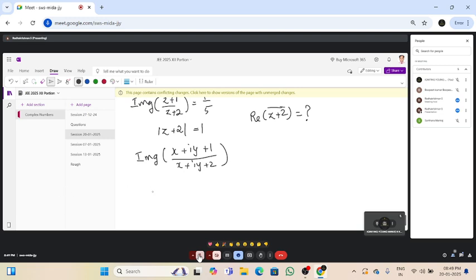You have to multiply the numerator and denominator by the denominator's conjugate, to get this in real and imaginary form separately. So you have to multiply both numerator and denominator by the conjugate of the denominator. So please do it.